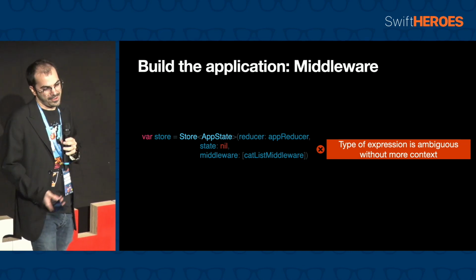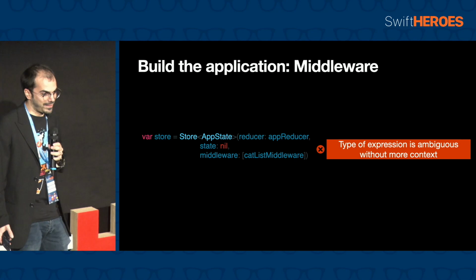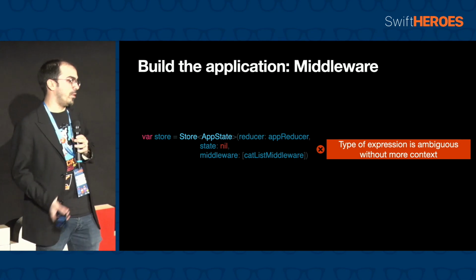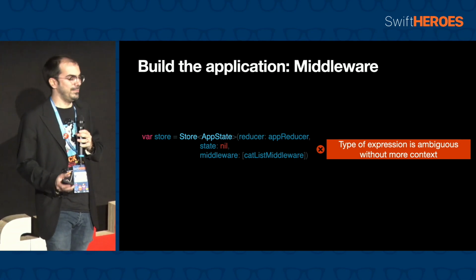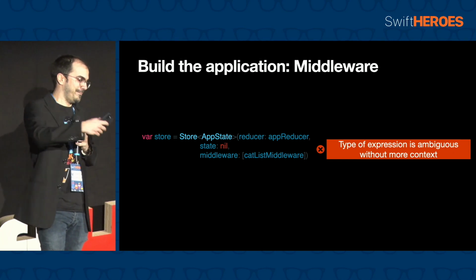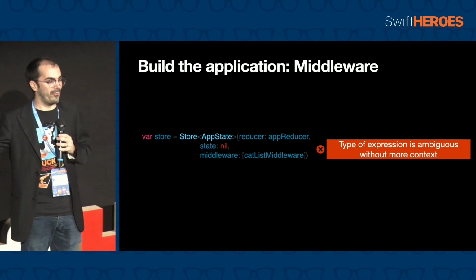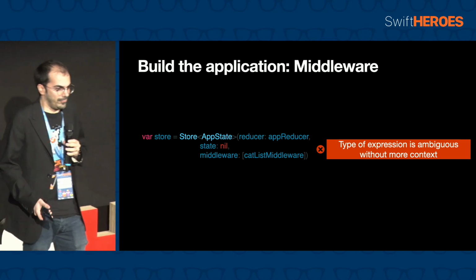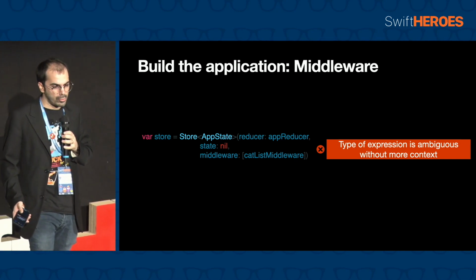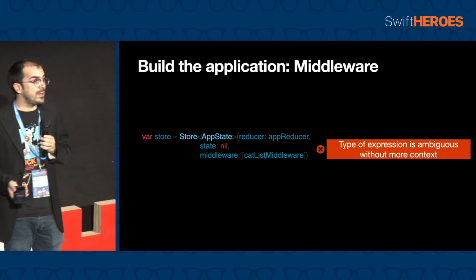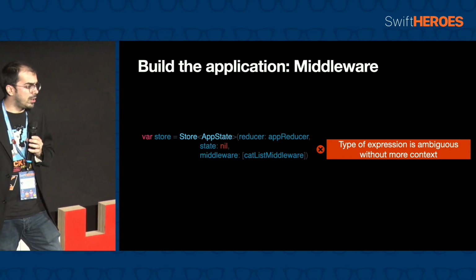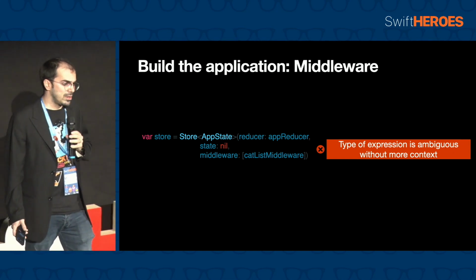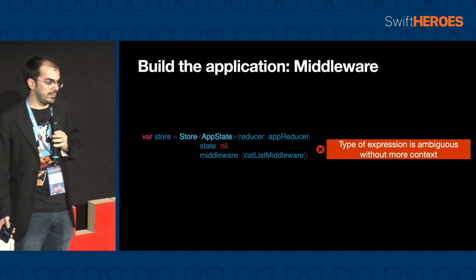So we know that here there is a type mismatch. In particular, we changed the type of the cat list middleware from middleware of AppState to middleware of CatalystState, and this raises this kind of error. So how can we solve it? We can solve it basically with functions, I can say.